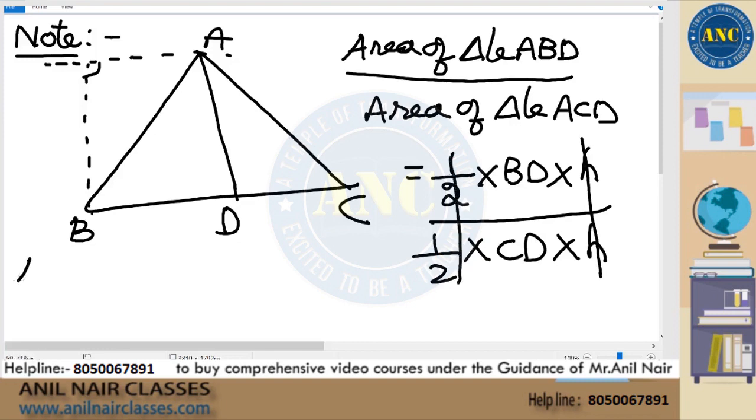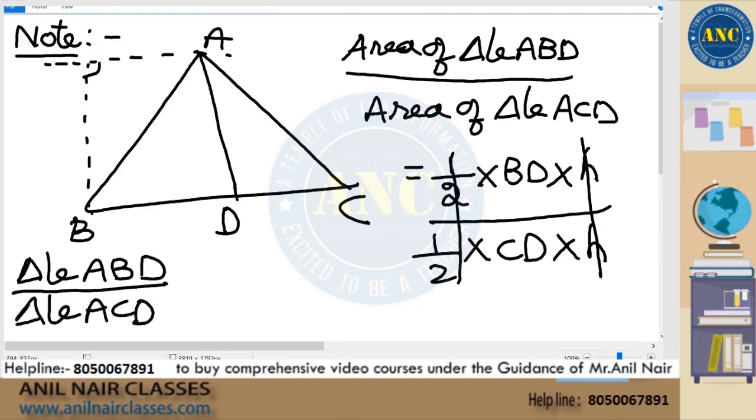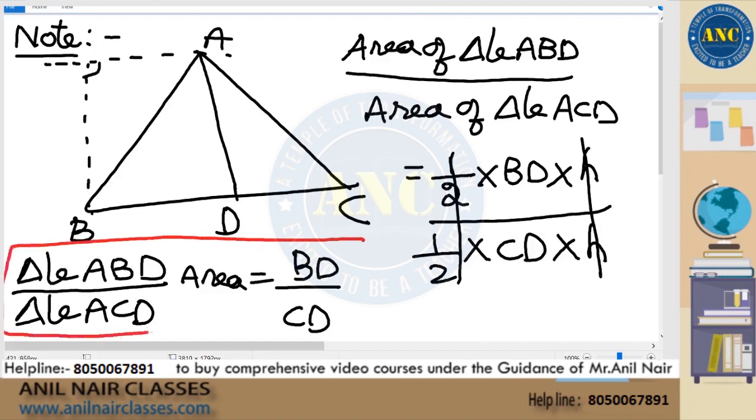Very important. That means if two triangle areas are given, triangle ABD divided by triangle ACD, the ratio of the areas of these triangles is nothing but the ratio of their corresponding sides, BD by CD.